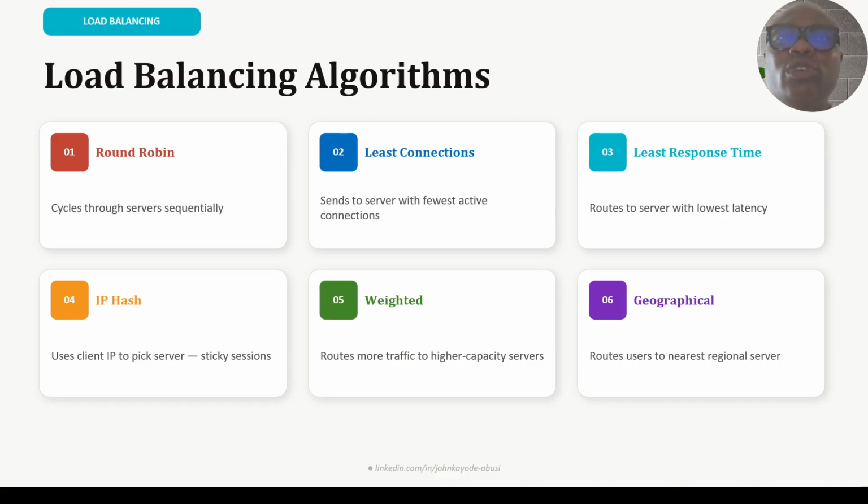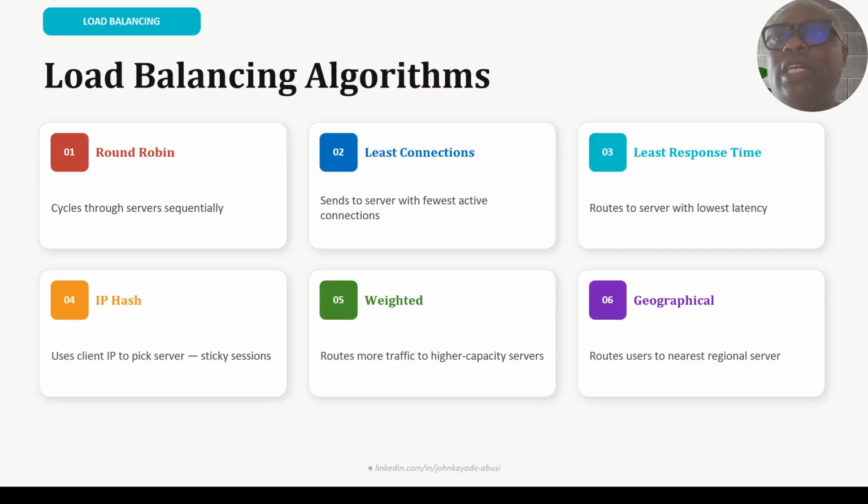Weighted routes more traffic to higher capacity servers. Here, it looks at the weight of the server, like the RAM, the storage, the GPU, whatever those resources are, and routes connections to the server with the most weight. Then there is geographical routing. Maybe we have a server for North America, another for Europe, another for Asia, and another for Africa.